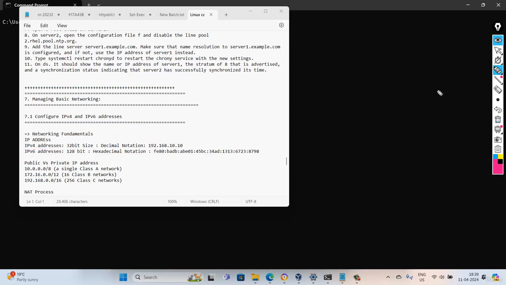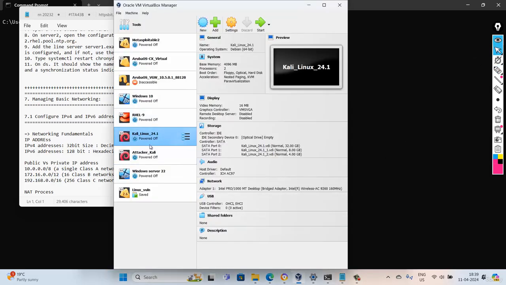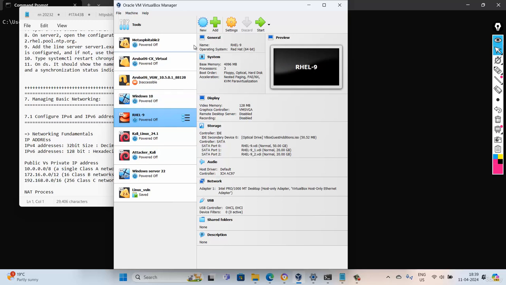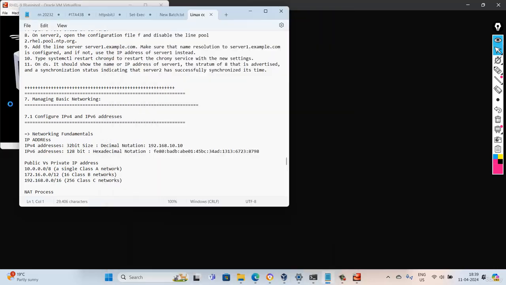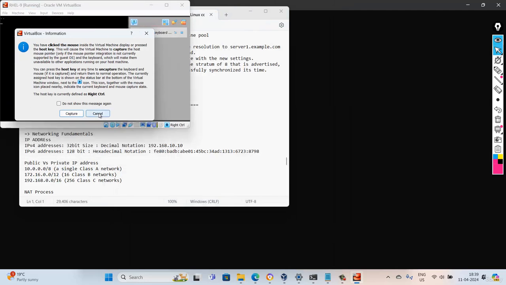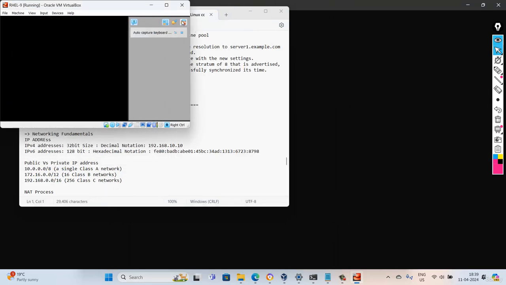Whenever you run a command in Linux, before running it I need to start a RHEL 9 machine, and I am going to put this machine on the bridge adapter. You can put it on the host-only adapter, no issue. First, we need to verify the IP address of any Linux system.